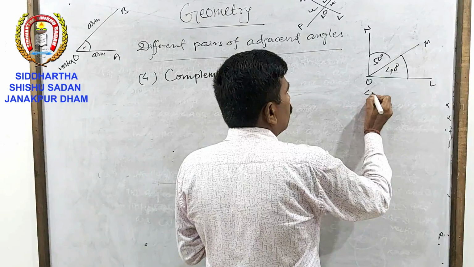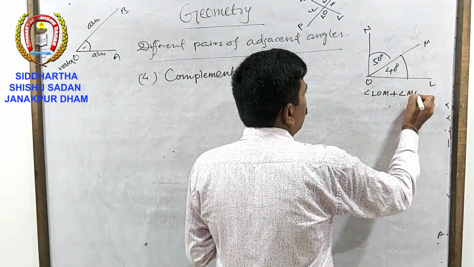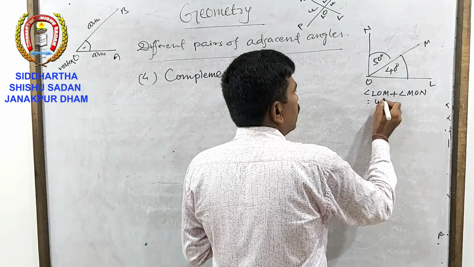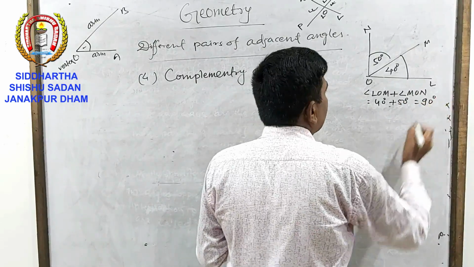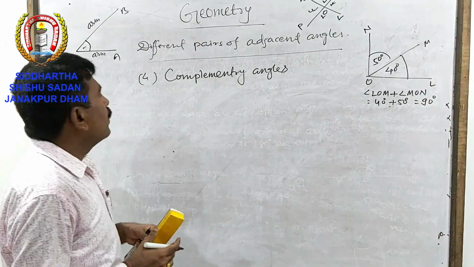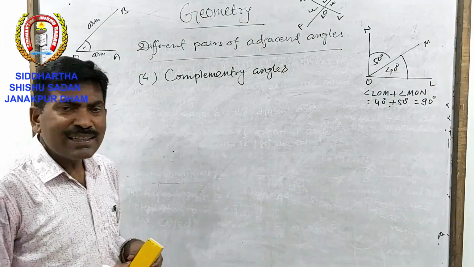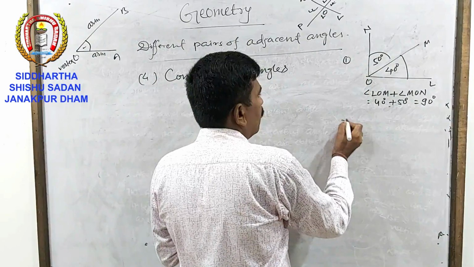So angle LOM plus angle MON is equal to 40 degree plus 50 degree is equal to how much? 90 degree. Now see the example number 1, example number 2.